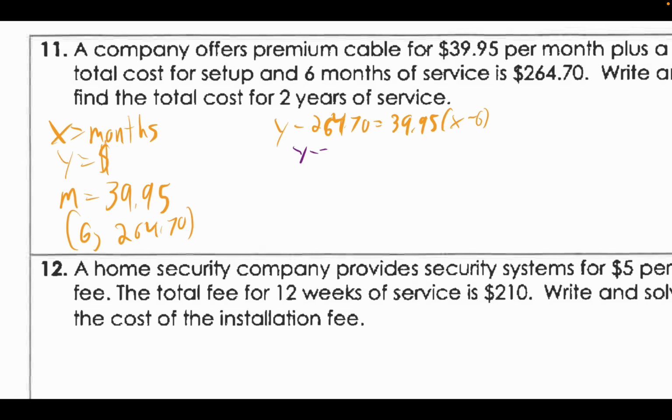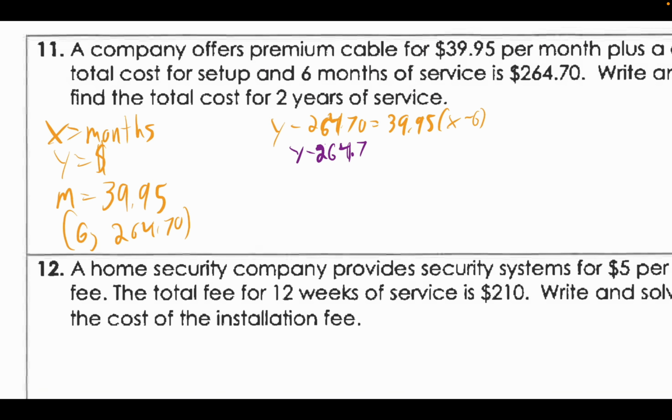So this is y minus 264.7, not a negative 264.7, but a singular minus sign there, equals 39.95x as I distribute, minus 239.70.